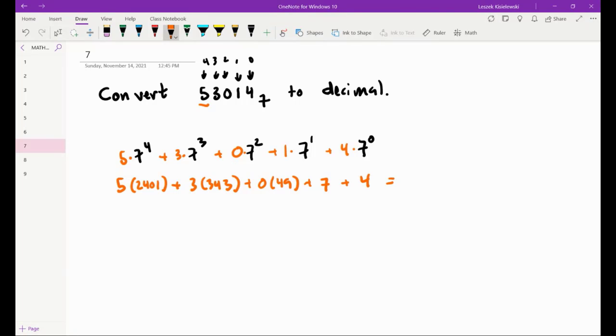So whatever that turns out to be. So I think turning non-decimal to decimal is a little easier because you have the coefficients multiplying the consecutive powers of whatever the base is. Okay.